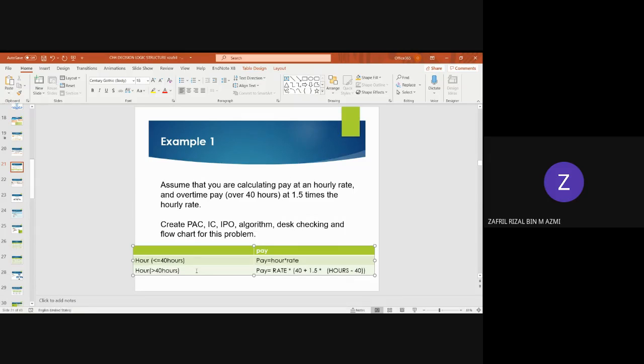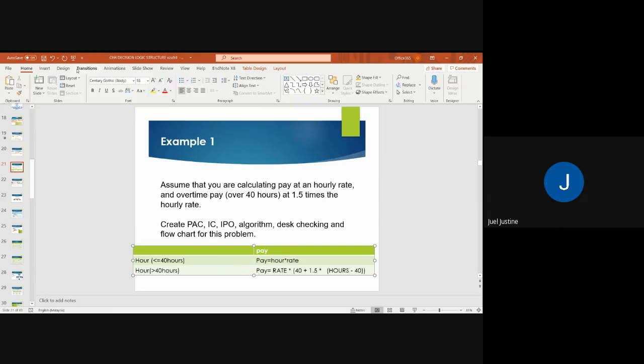Else, if you work overtime, this is the calculation. So based on this table, if you are drawing a flowchart, how many diamond symbols should you draw? 1 or 2?